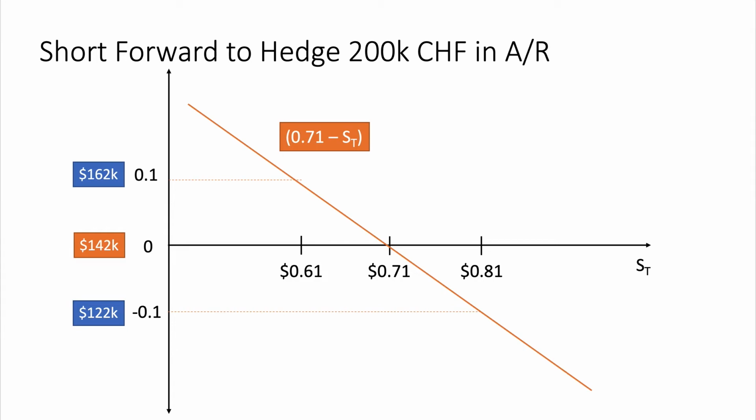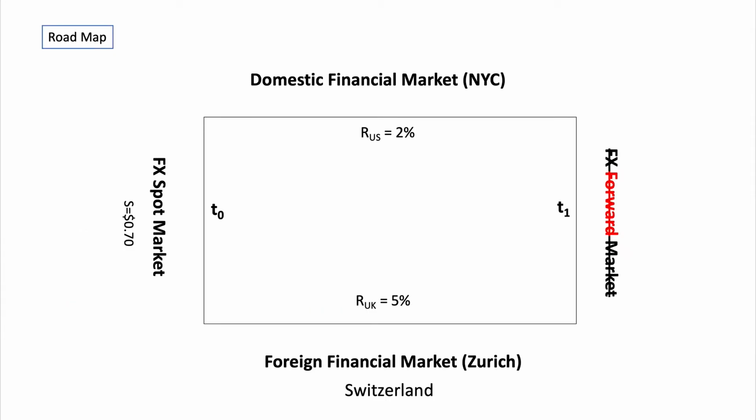Now let's look at the money market situation using our roadmap again. New York City versus Zurich, Switzerland. The U.S. interest rate is 2%. Oh, it's not the UK, sorry, it's Switzerland. With those bullet charts, sometimes I mess up. Here it should be Switzerland, and it's 5%.